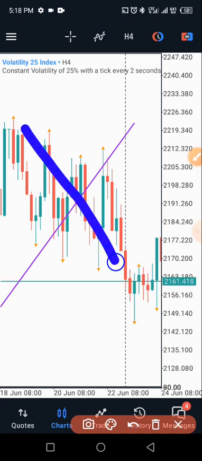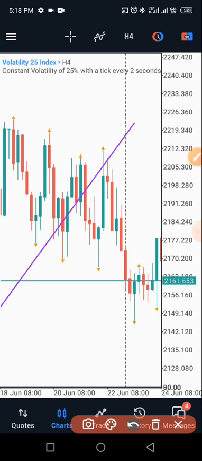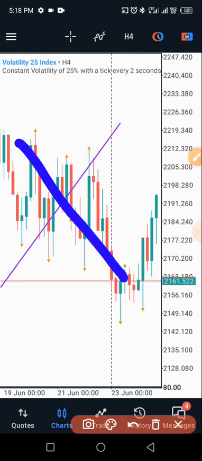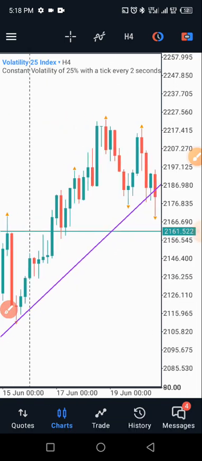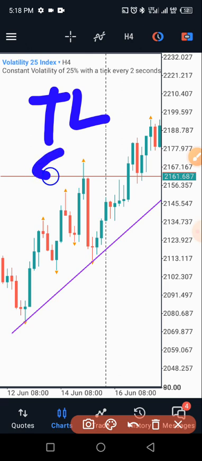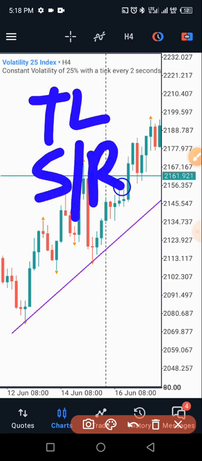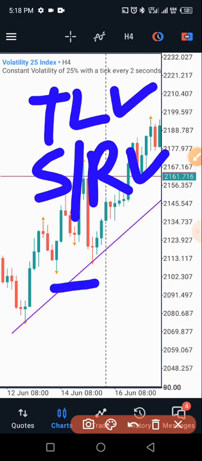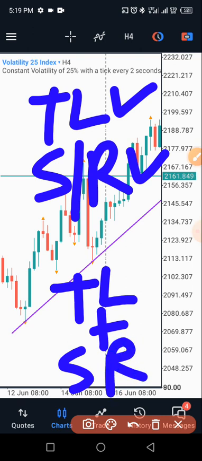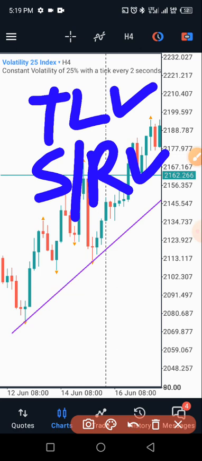So to know how to confidently take a trade using this sniper trend line strategy, we are going to be combining this trend line with support and resistance. If you are able to combine the trend line with support and resistance, then you should be able to catch that particular trade without letting your stop loss get hit.